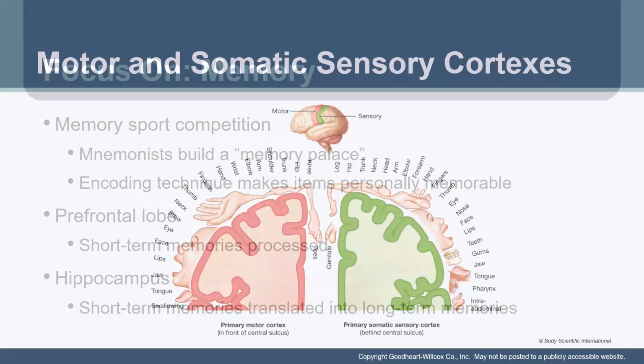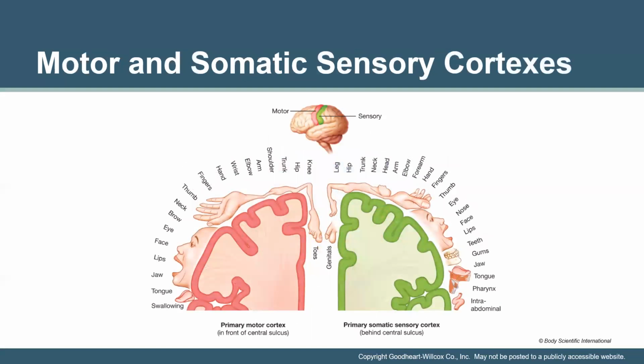Okay, let's look at this. We mentioned the motor and somatic sensory cortices. The primary motor cortex, which is what we're looking at, on page 219, and also the slide in front of us on the left side of the slide as we're looking at it, sits right in front of that central sulcus line that we pointed out.